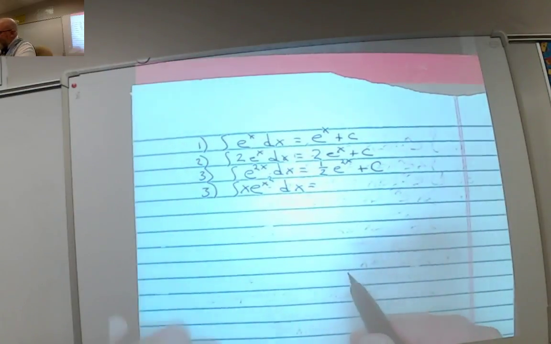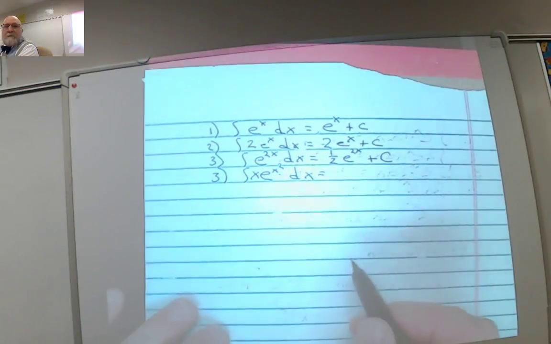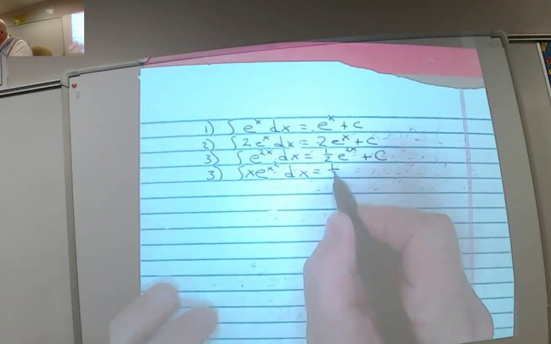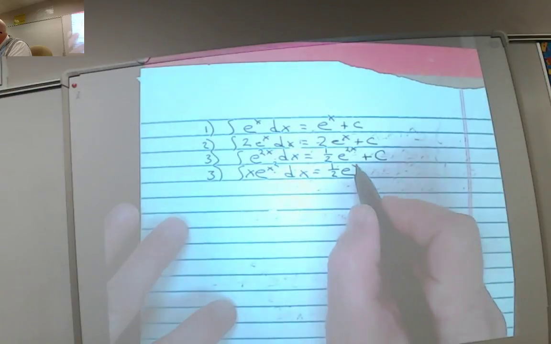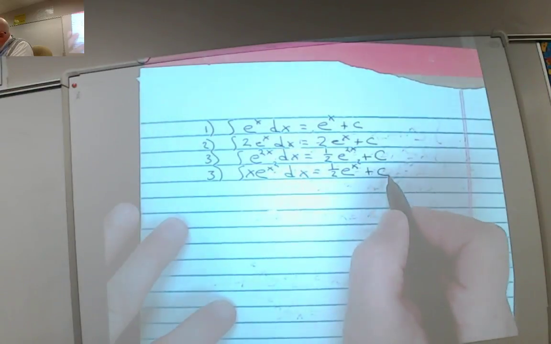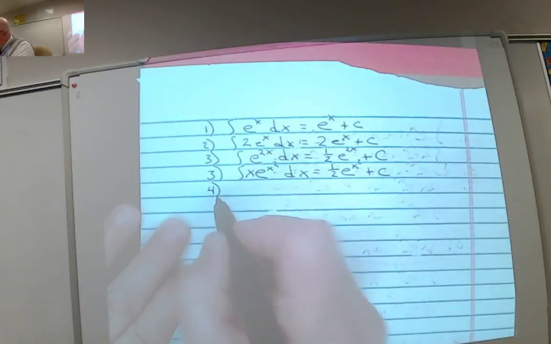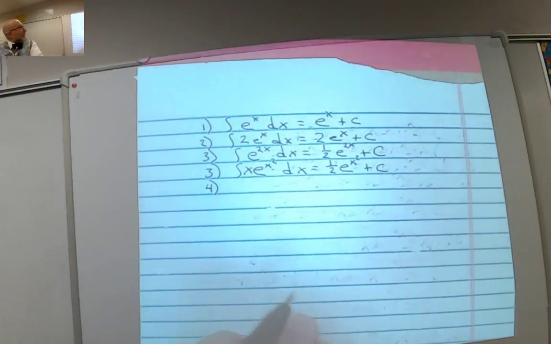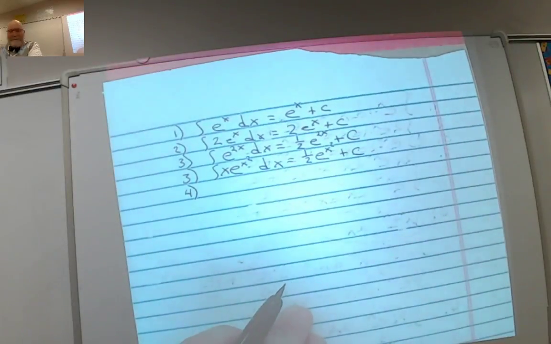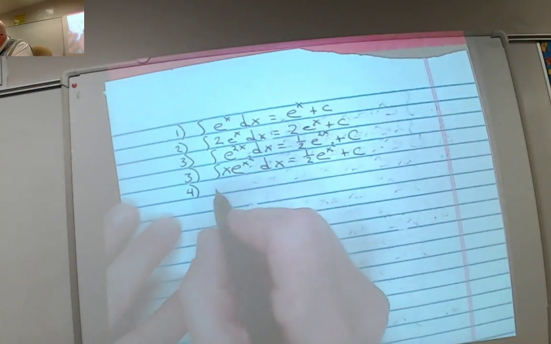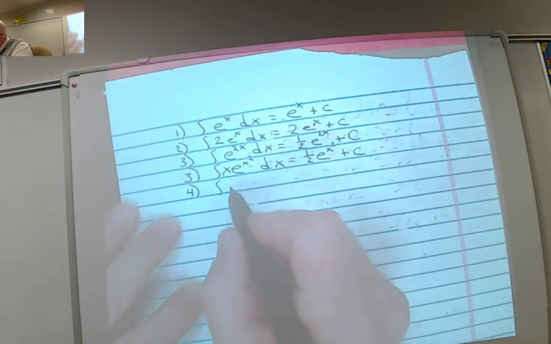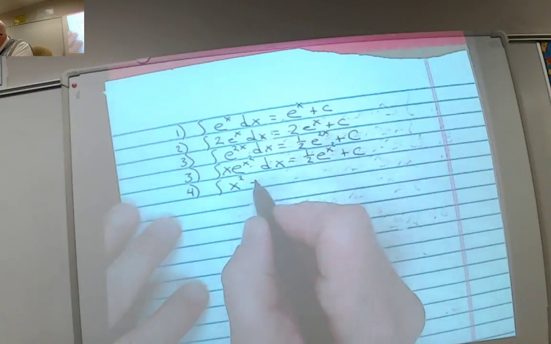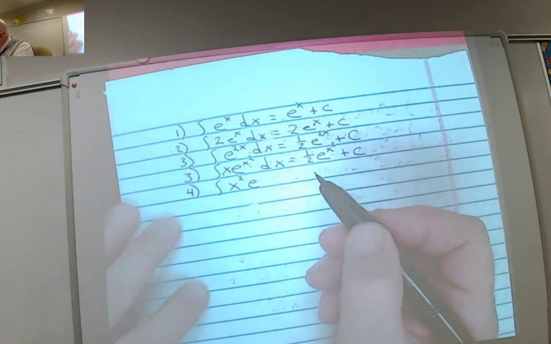Logan. One half e to the x squared plus c. I don't think he does. Burger, do you mind counting for us?